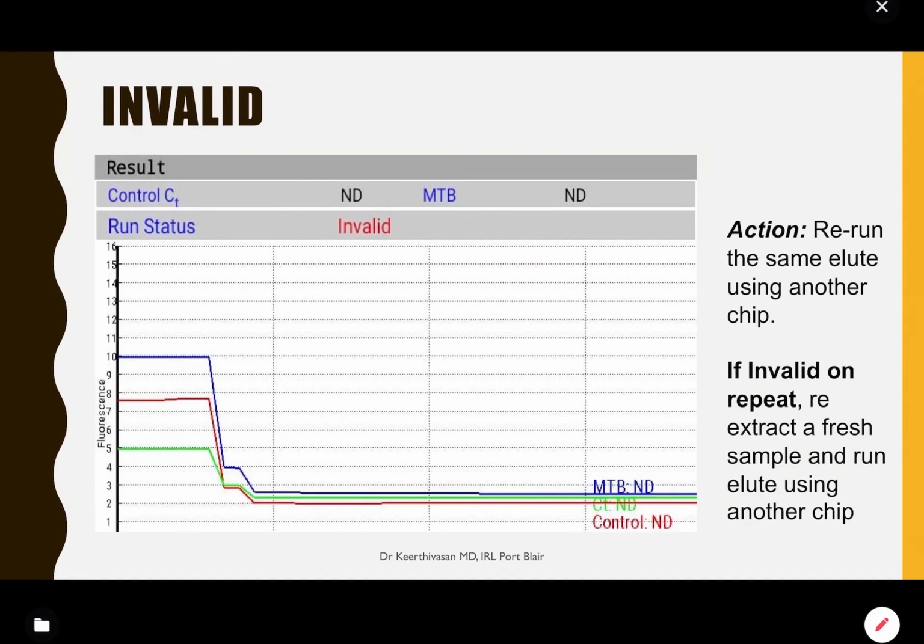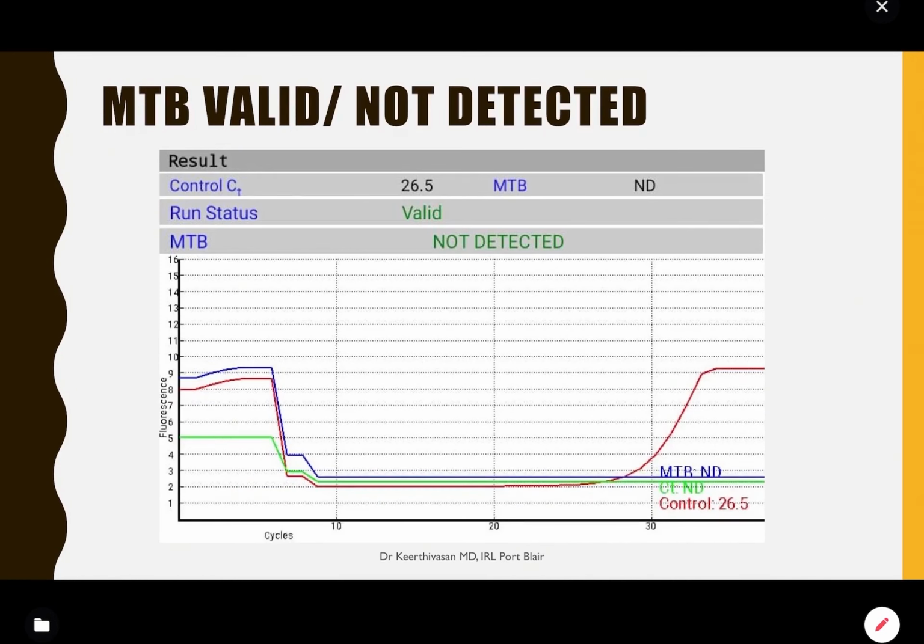The third result we can get is invalid. Our internal processing control has to undergo all the steps, and it has to become positive whenever the sample is negative. When MTB is negative, here you can see the blue color line is flagged, but the control line has to be positive for the test to be valid and for us to call it not detected.